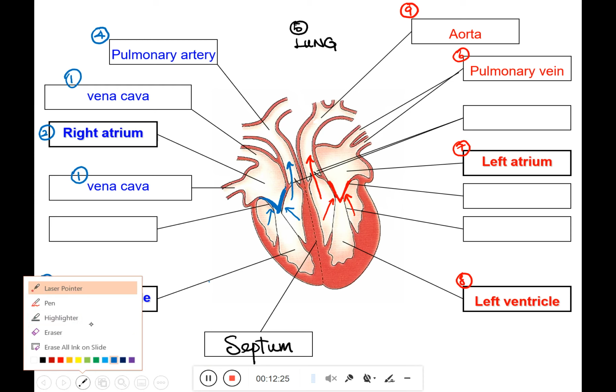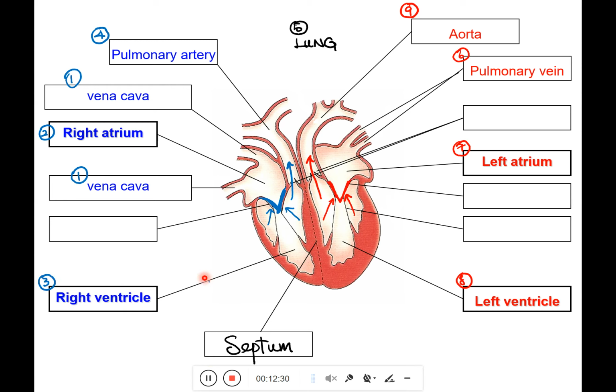In your heart, the cuspid valve is made up of a number of flaps. On the right side of the heart, it's made up of 3 flaps. So that's why it's called the tricuspid valve. While on the left side of the heart, those valves are made up of only 2 flaps there. So it's called the bicuspid valve.